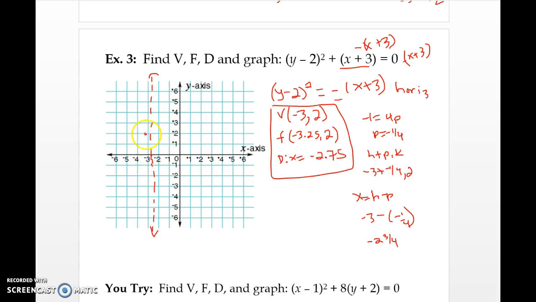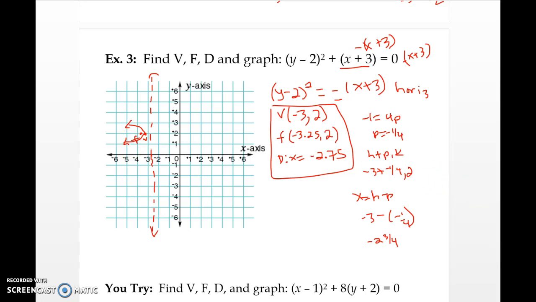So that's super close, your vertex. And your focus is -3.25. So it's very, very close, comma 2. And we will bend around it. And our p is negative, so our graph is going to the left.